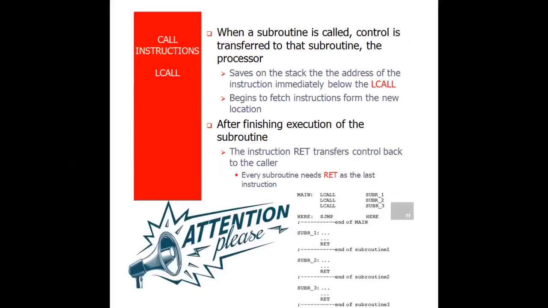And the function it will do is save on the stack the address of the instruction immediately below the long call instruction. So that whenever I come from the main program to the subroutine, I have to indicate the next address to return to from the subroutine to the main program. It begins to fetch the instruction from a new location, which is specified inside the LCALL instruction.